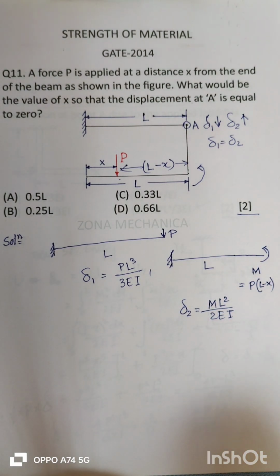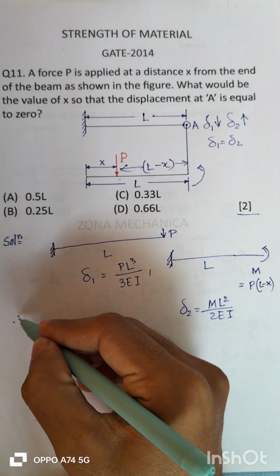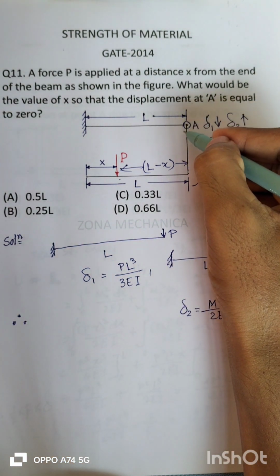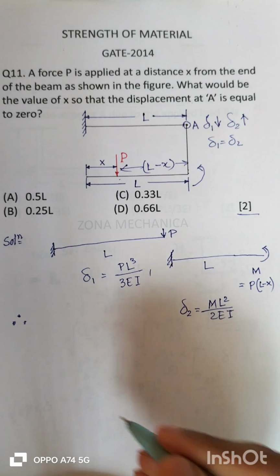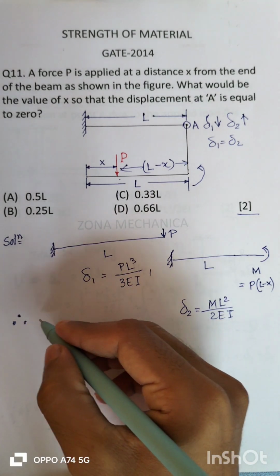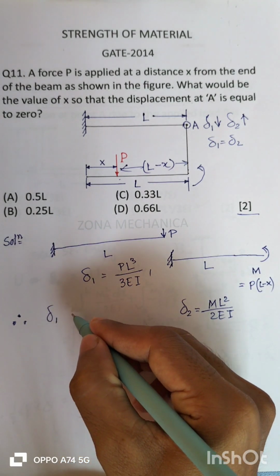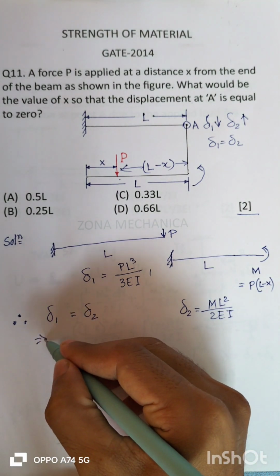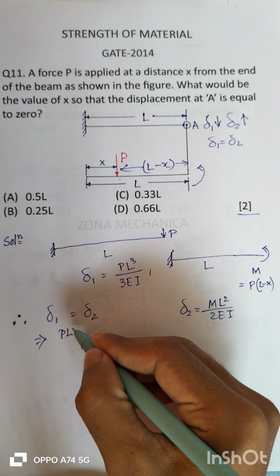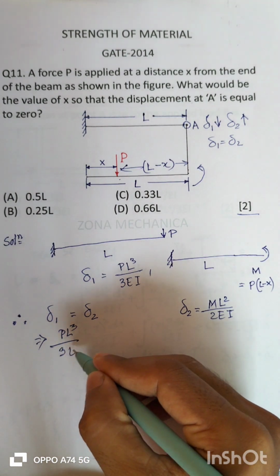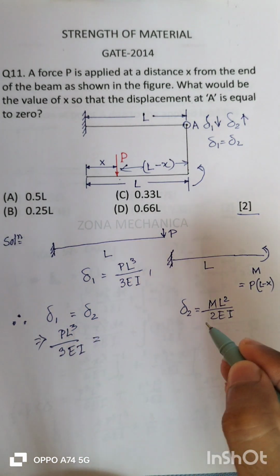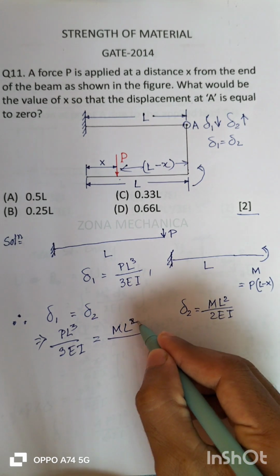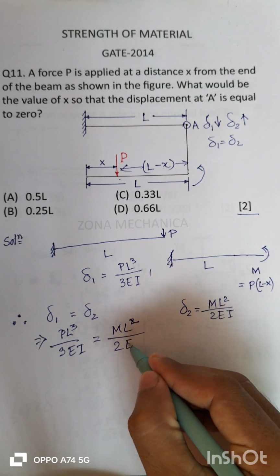By the question, the overall deflection at the point A will be 0. That means delta 1 will be equal to delta 2. That means P L cube by 3 EI is equal to M L square by 2 EI.